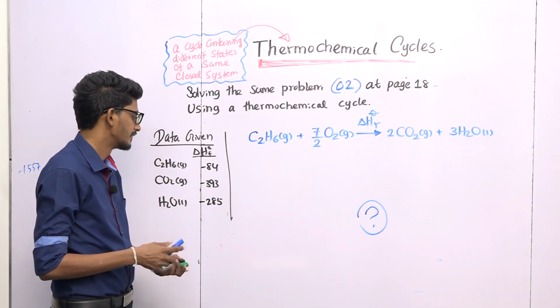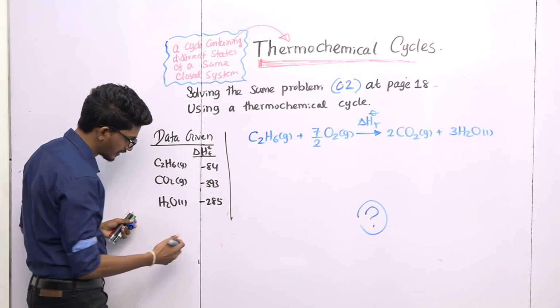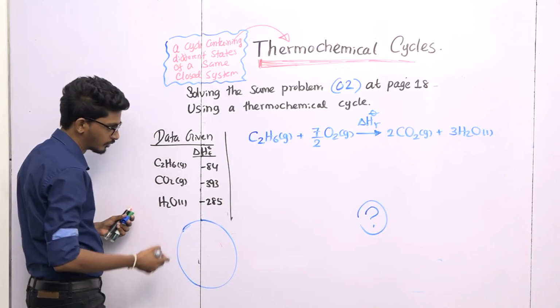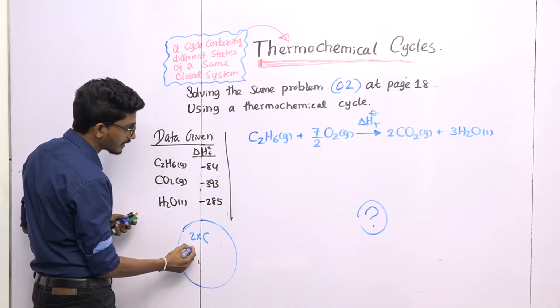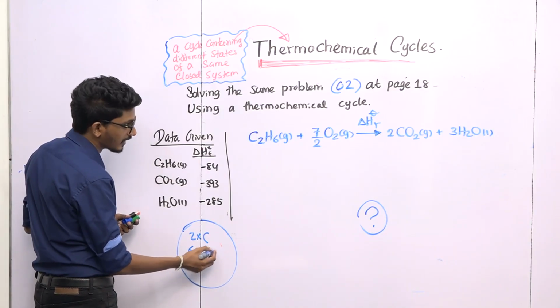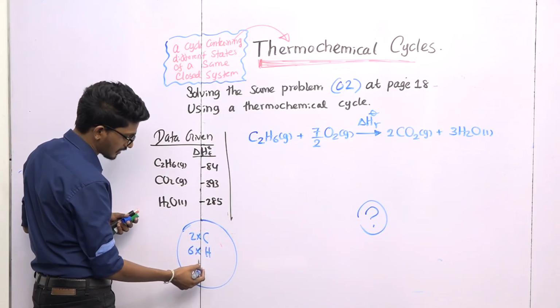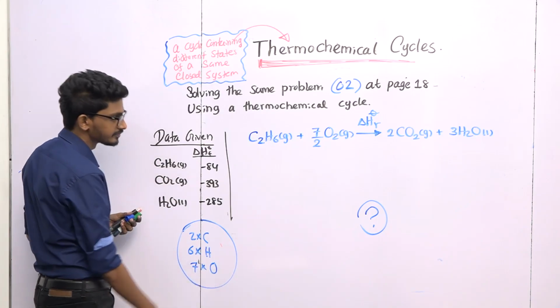This is all about a system, all about states of a system containing 2 carbons, 6 hydrogens, and 7 oxygens.